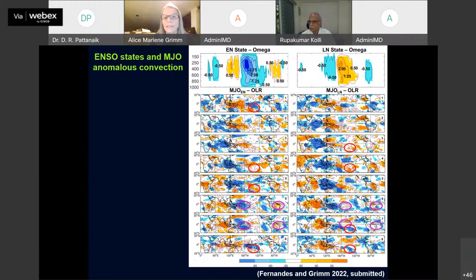So subsidence here is strengthened. And during La Nina, this subsidence here disappears, so we have even enhanced convection here.